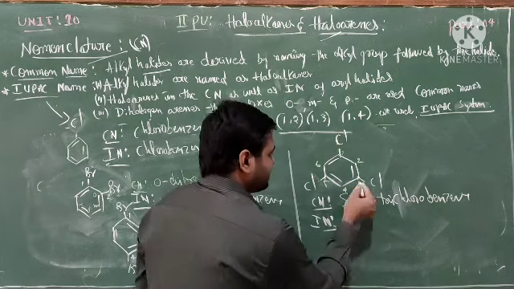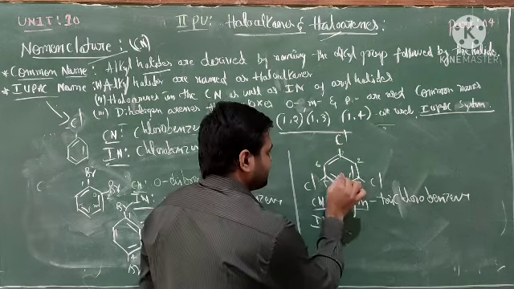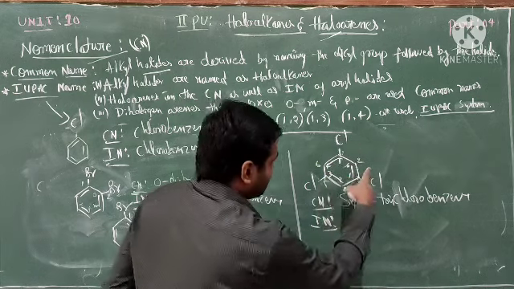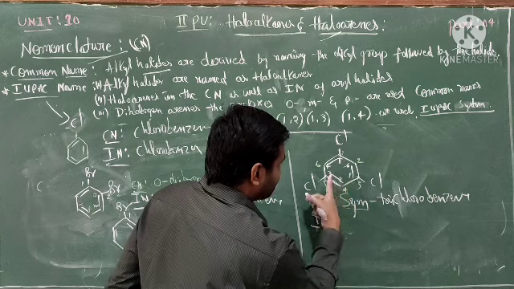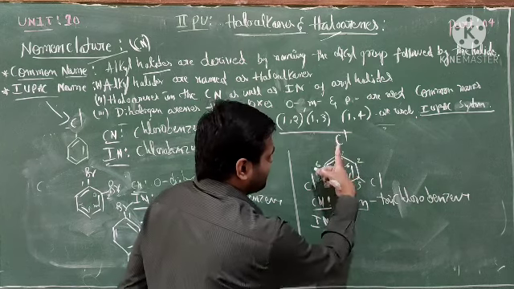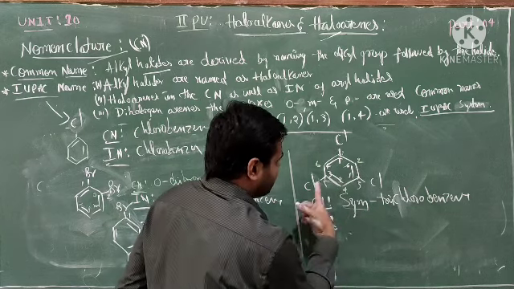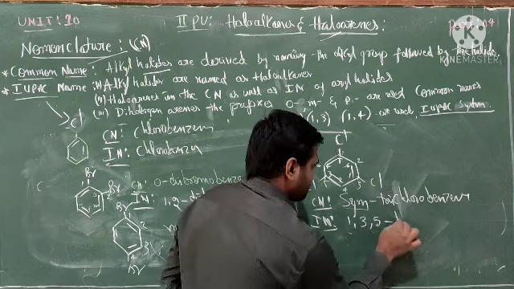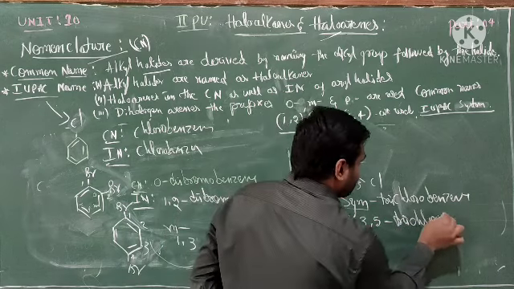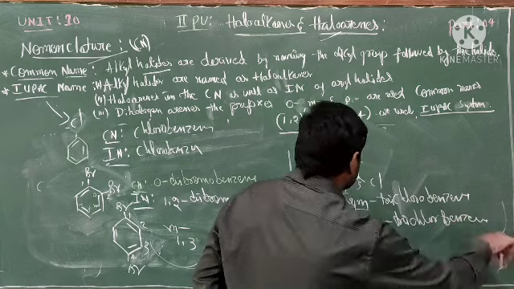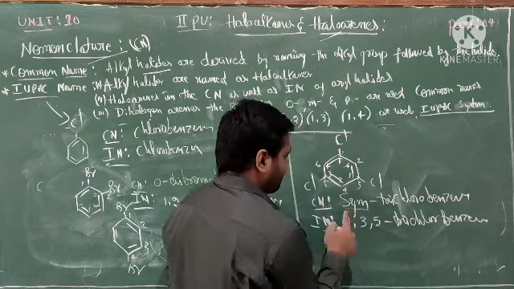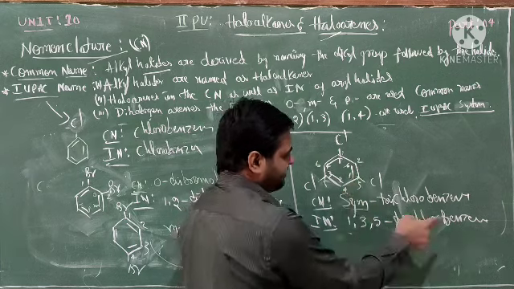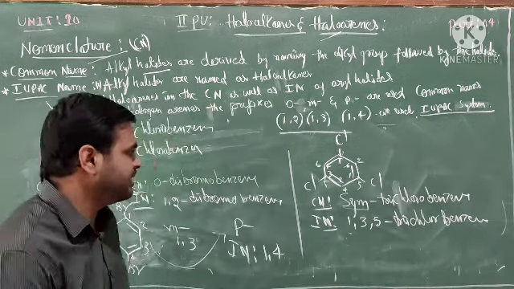Either this is taken as 1, this 2, this 3, this 4, this 5, this 6. What changes is this will be 1, 3, 5, so 1,3,5-trichlorobenzene. Clear? Even if you consider it this way, the same answer comes. We take this chlorine as first, so 1,3,5-trichlorobenzene.